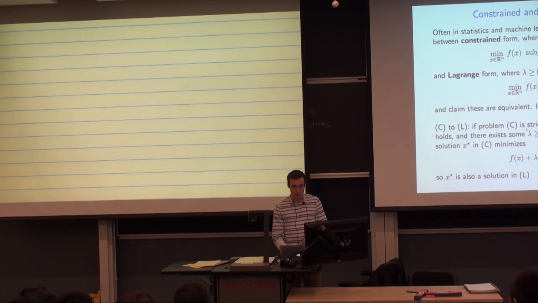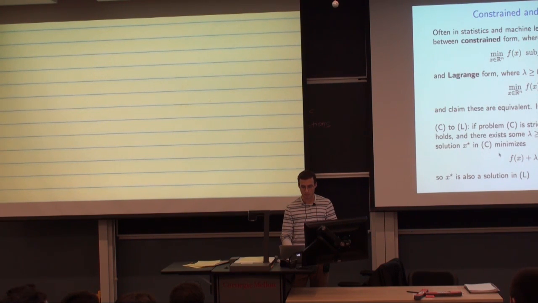So if this problem is strictly feasible, right, then we know that strong duality holds because of the fact that it's convex. That means that there exists some lambda that's greater than or equal to 0, which in this case is the dual solution, such that any solution x star in C minimizes this. Why is that? That's just the fact that it minimizes the Lagrangian.